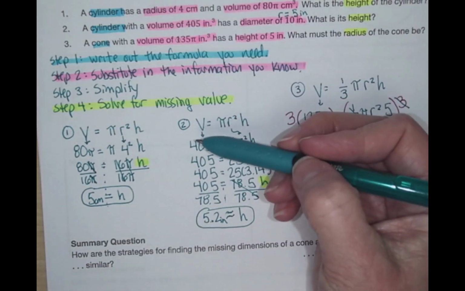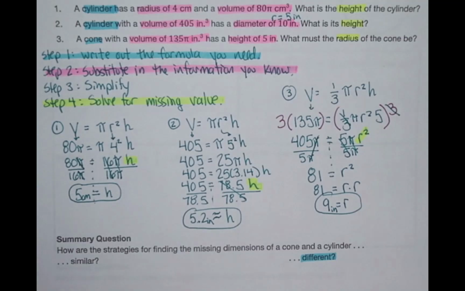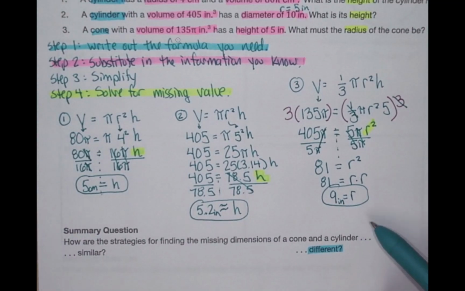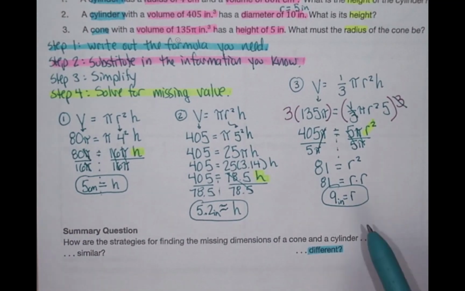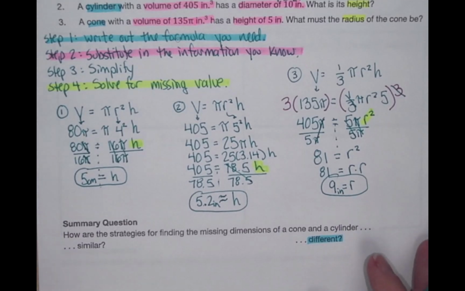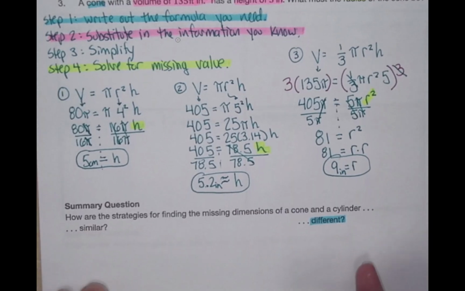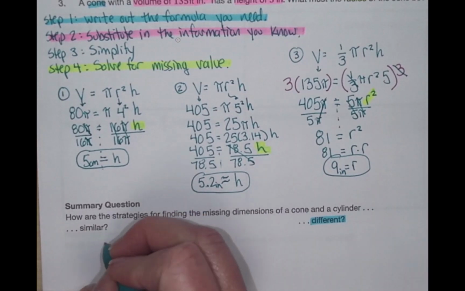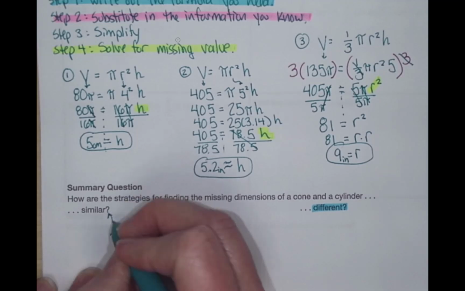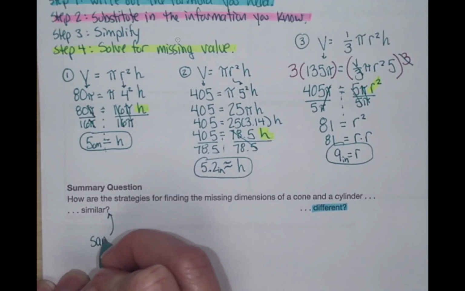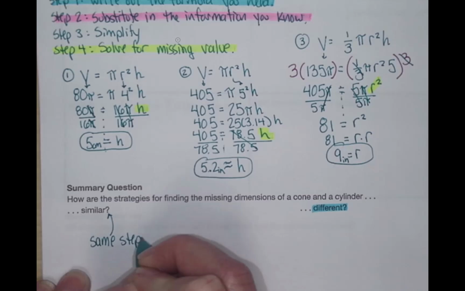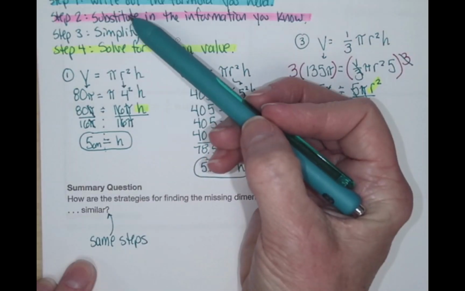So those are some steps that should work. You're going to have to use your skills at solving equations as we work through. But these steps, I think, are going to help. So how are the strategies for finding the missing dimensions of a cone, which is the first two, and a cylinder, how are they the same and how are they different? Well, they're similar in that I can follow the same steps. Step 1, write out the formula.